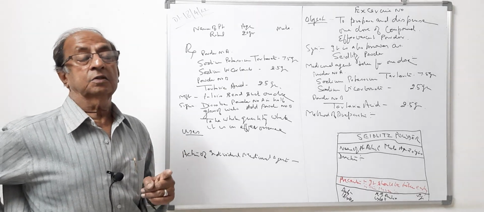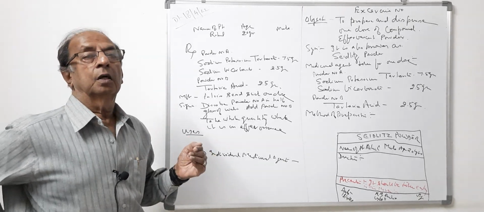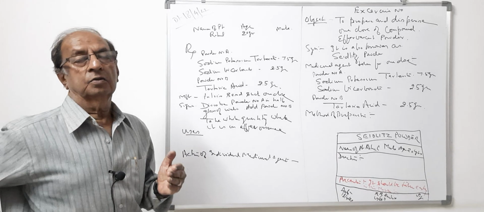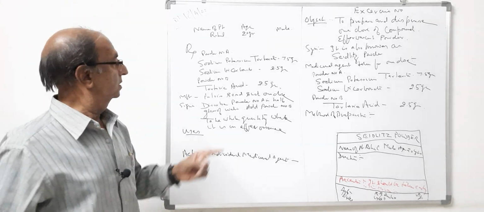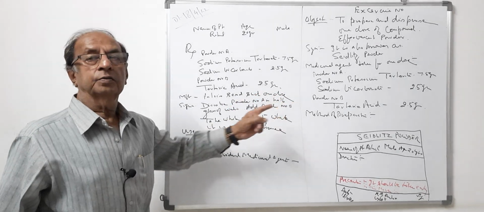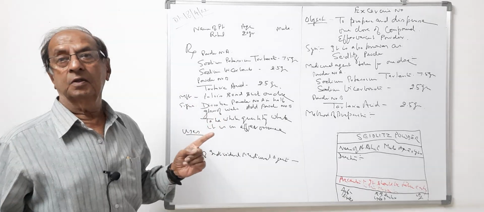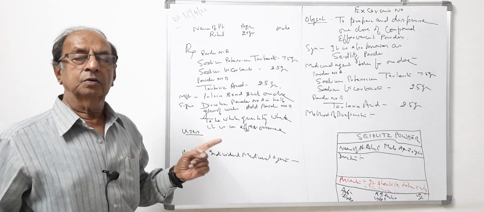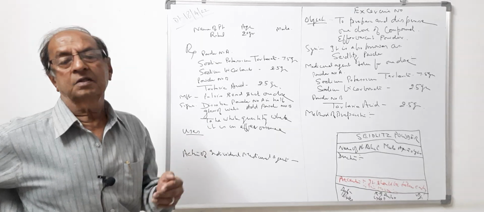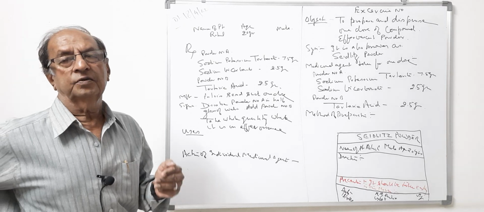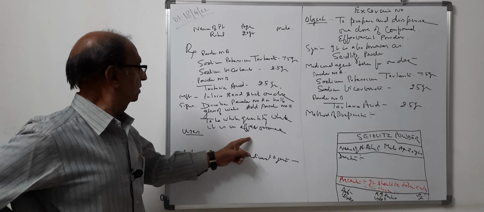The reverse is also there, some person has got defecation timing set in the body once in 2 days. So it depends on the person to person. If this cycle is being disturbed, then this powder is being used as purgative. That's why the functional name is given to this purgative. It is being used as functional constipation, to regularize the function of the GIT tract which is present in an individual person. So these are the uses.